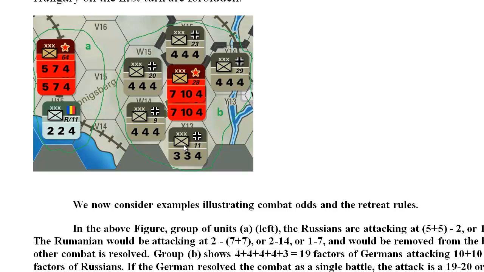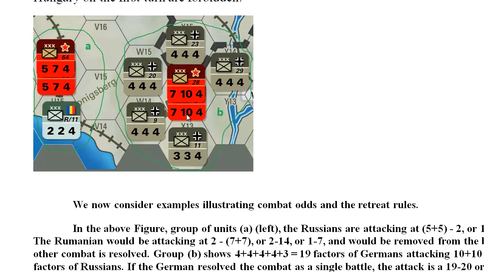Now, if it was the Germans' turn to move, things would be a little different. Namely, we have 5 Germans here attacking 2 Russian units in the middle. The Germans can either make it as one big attack, there are 19 attack factors there, to 20. 19 to 20 is a 1 to 2.